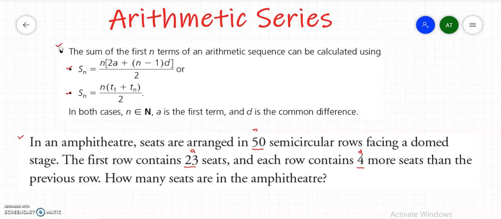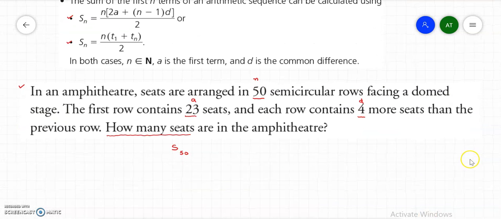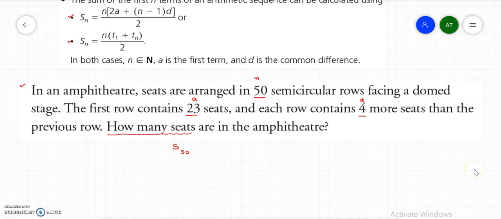How many seats are in the amphitheater? We need to calculate the total number of seats, which means we need to calculate the sum. So that is S50 we need to calculate, right? Okay, so we have been given the value of A, n, D and we need to find S50. So we are going to use the first formula of the arithmetic series over here.